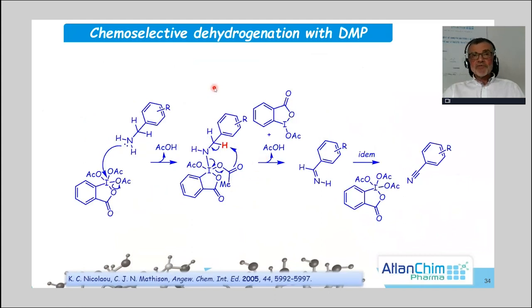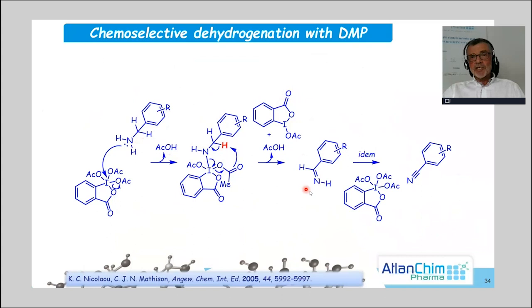In this transformation, the benzylic amine attacks the iodine atom here of the Dess-Martin's reagent to form this complex with a concomitant loss of acetic acid, followed by a concerted intramolecular abstraction of the benzylic hydrogen here in red by an acetate group with elimination of acetic acid and this derivative.